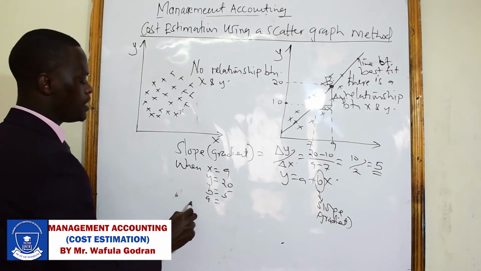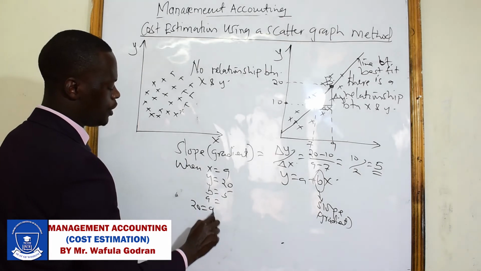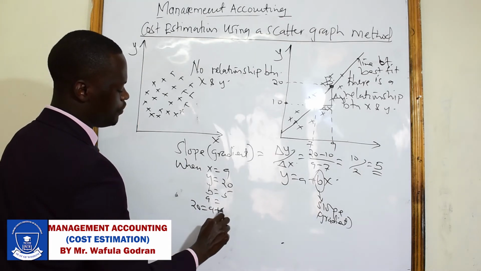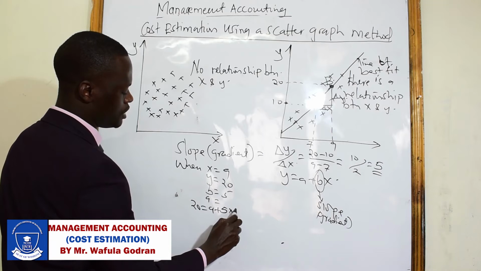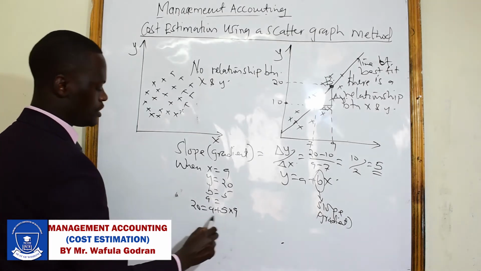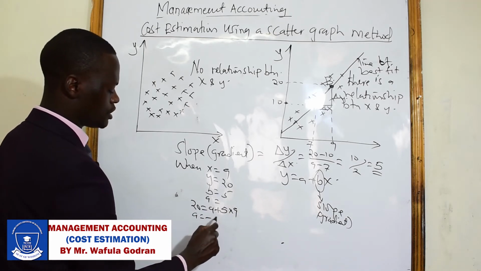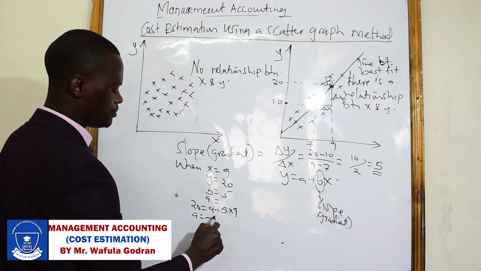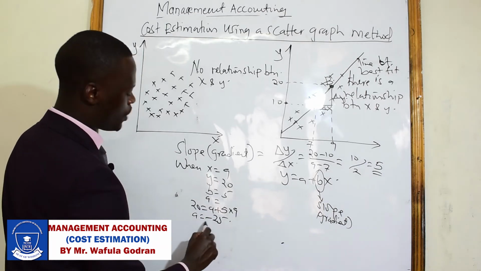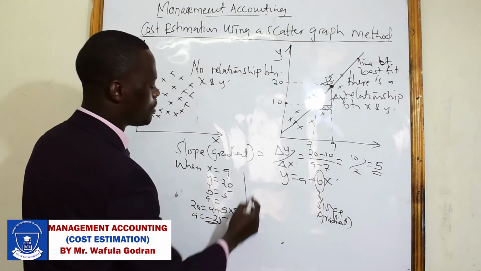We say 20 is equal to A plus 5 times 9, which is 45. So A is negative 25.